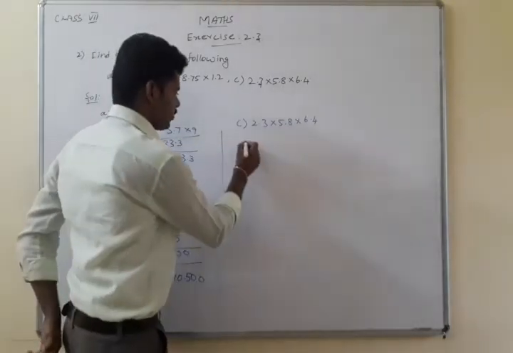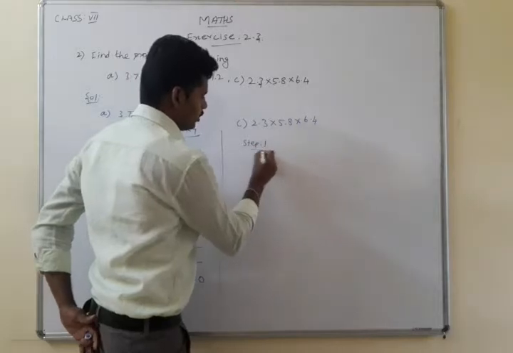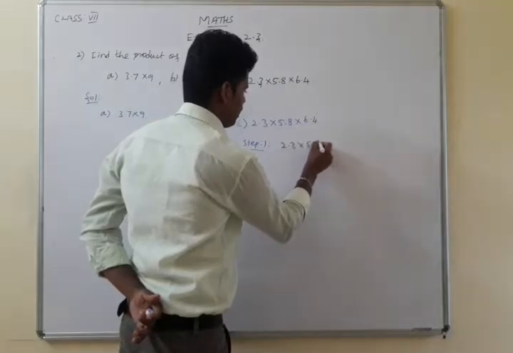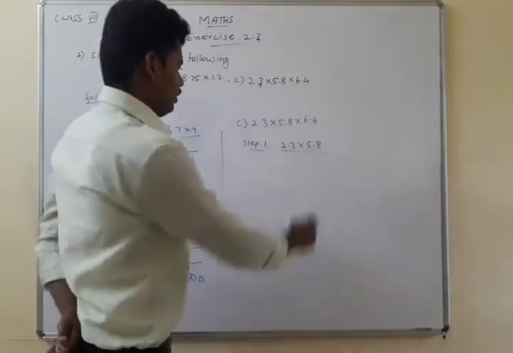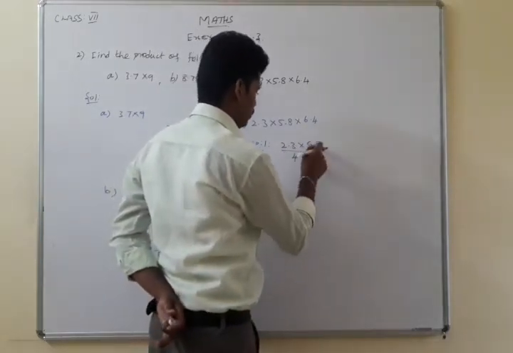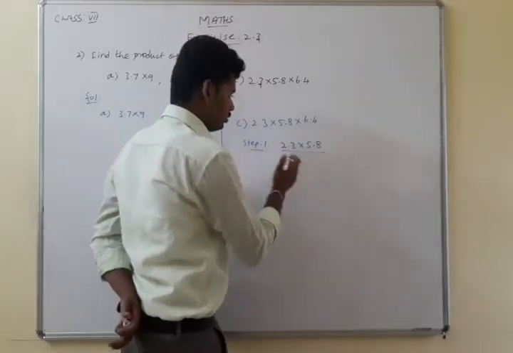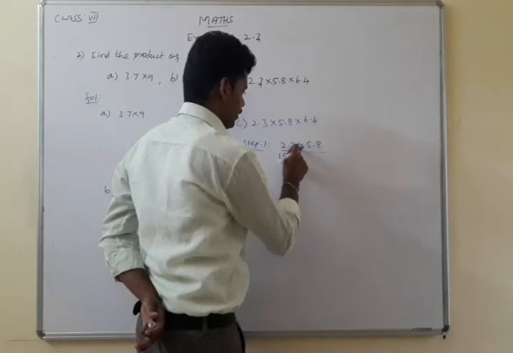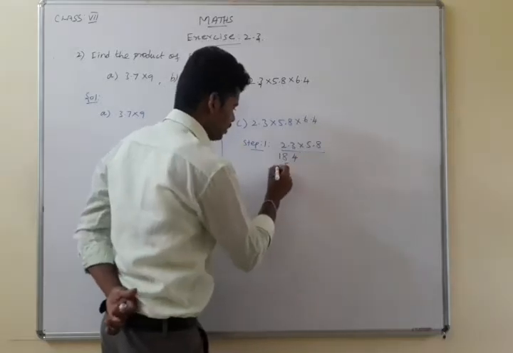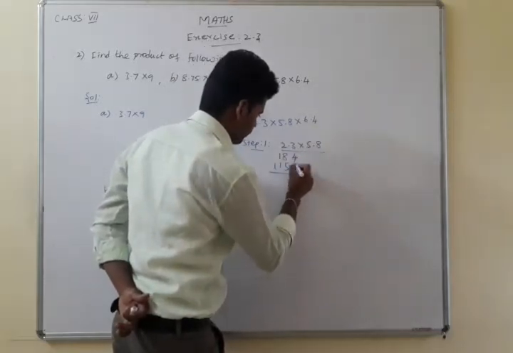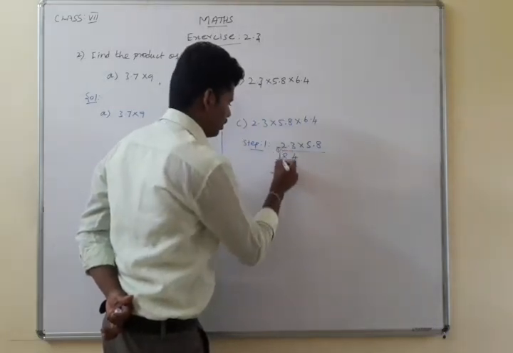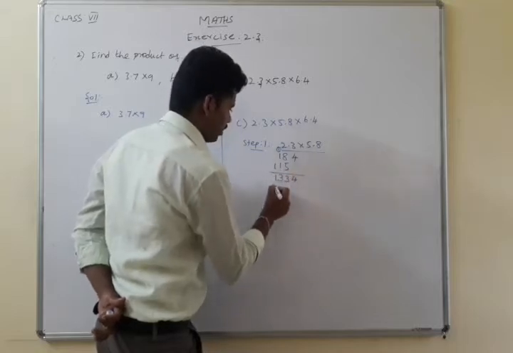Step 1: multiply 2.3 by 5.8. 8 threes are 24, remainder 2. 8 twos are 16, 16 plus 2 is 18. 5 threes are 15, remainder 1. 5 twos are 10, 10 plus 1 is 11.